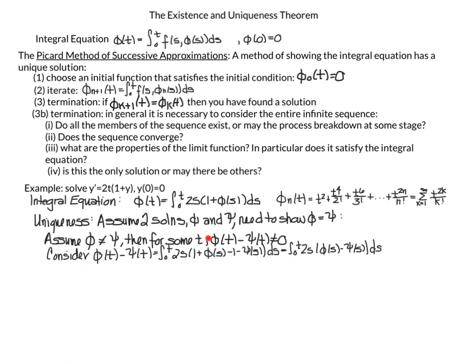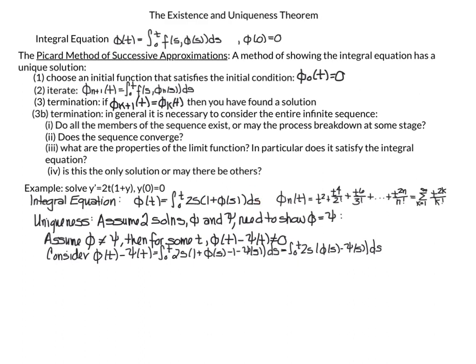Then that means for some t, there's at least one t where phi of t minus psi of t does not equal 0. So we're going to consider this phi of t minus psi of t, and we're going to plug this into our equation here. So what we will get is the integral with respect to s, and then we have our phi of t, and because we're using s as our variable of integration, that will be 1 plus phi of s, and then we're subtracting psi of t.